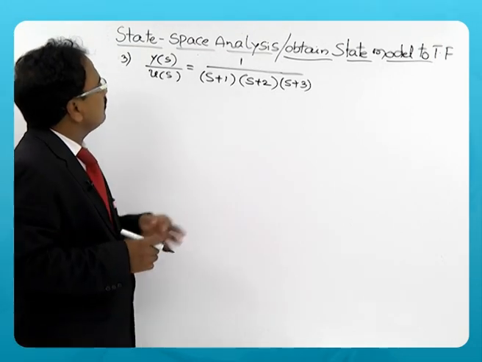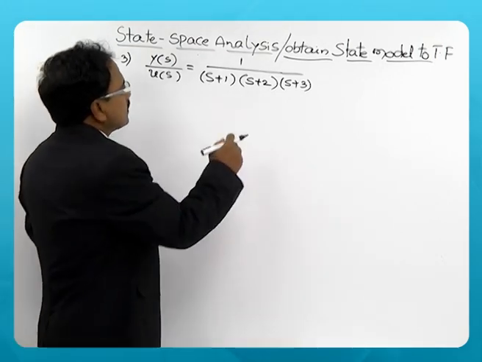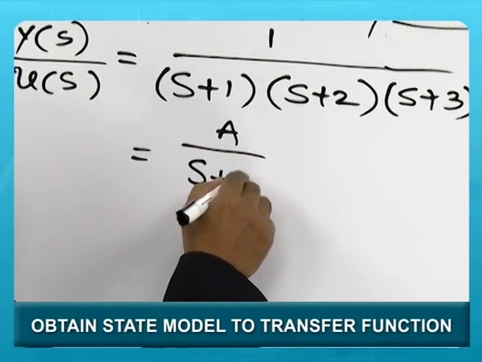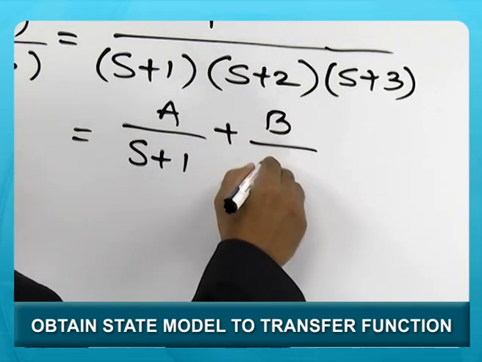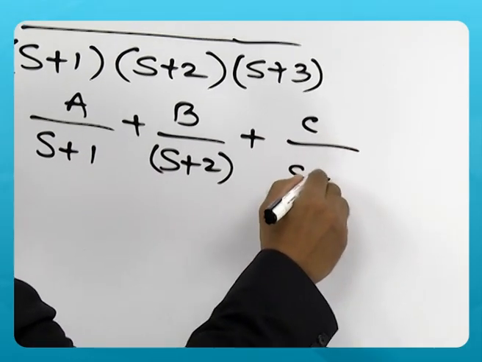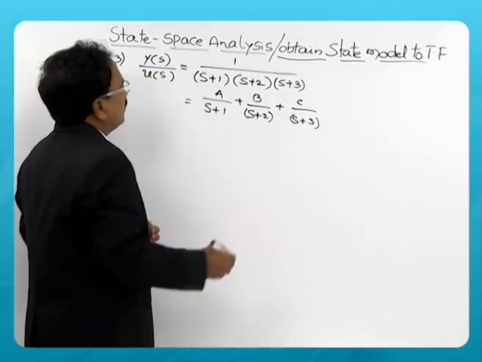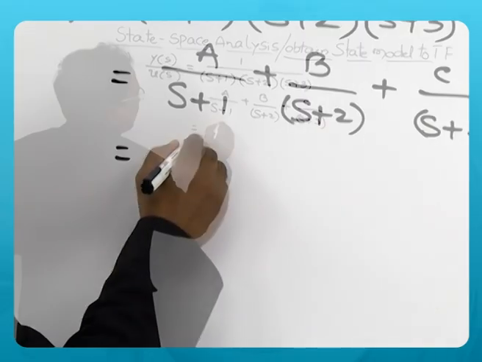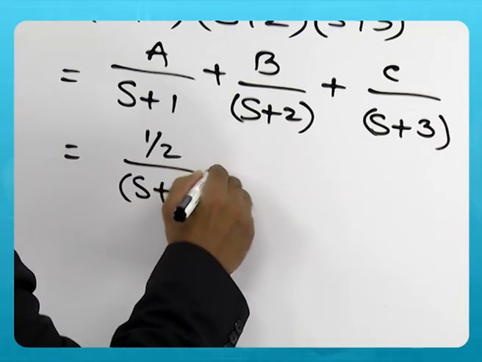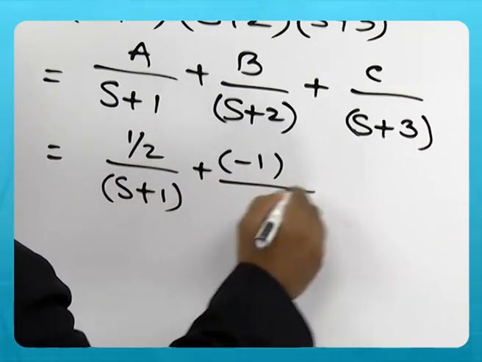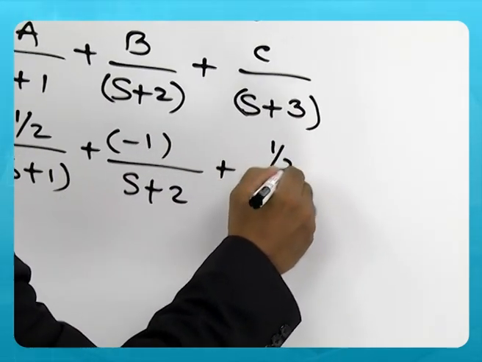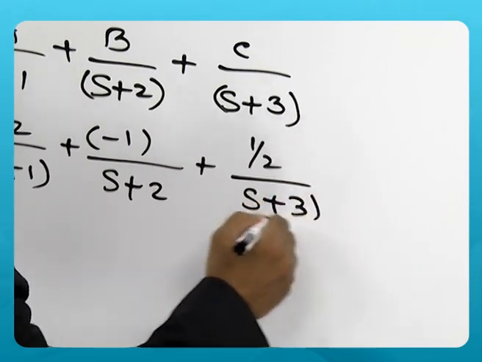Now when the system is given of this form, let us represent this equation in the form of partial fractions, and you can get the values of a, b, c as half by s plus 1, minus 1 by s plus 2 for b, and the c is again half by s plus 3.